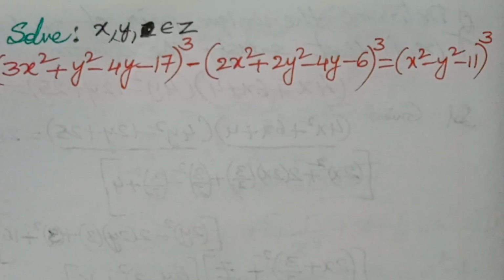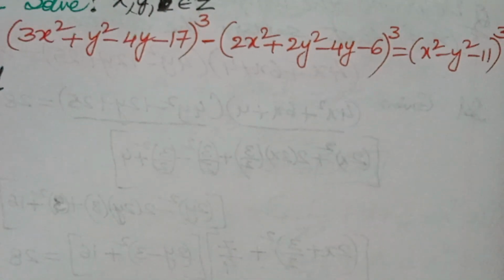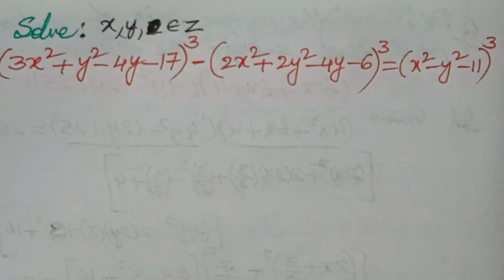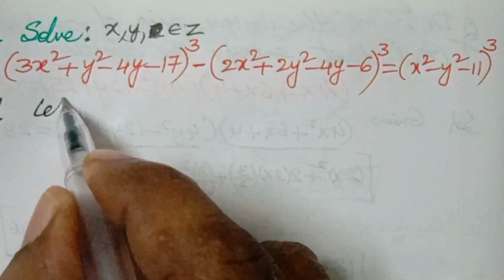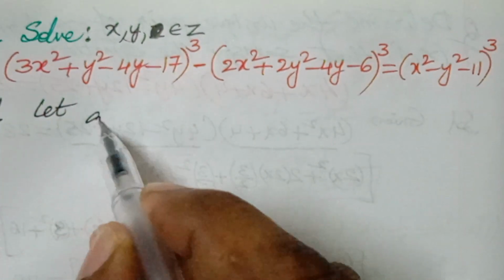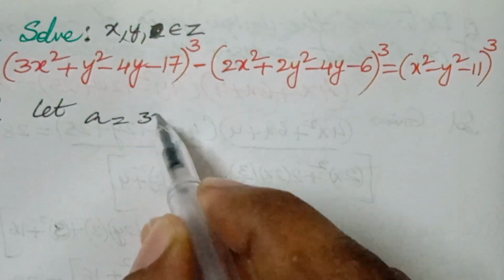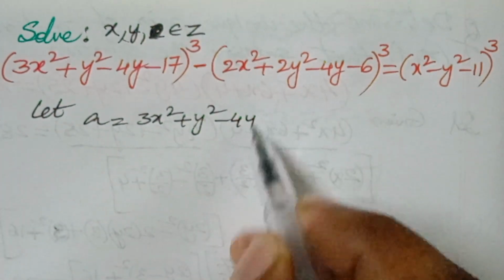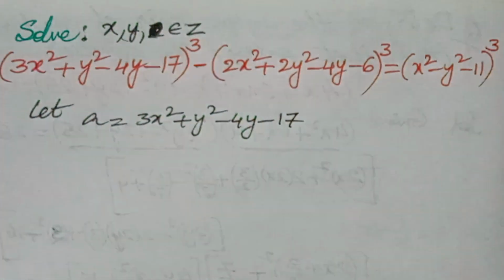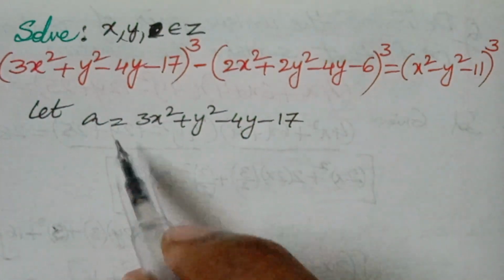Now let's solve this problem. Let us take a equal to 3x² + y² − 4y − 17, the first bracket.